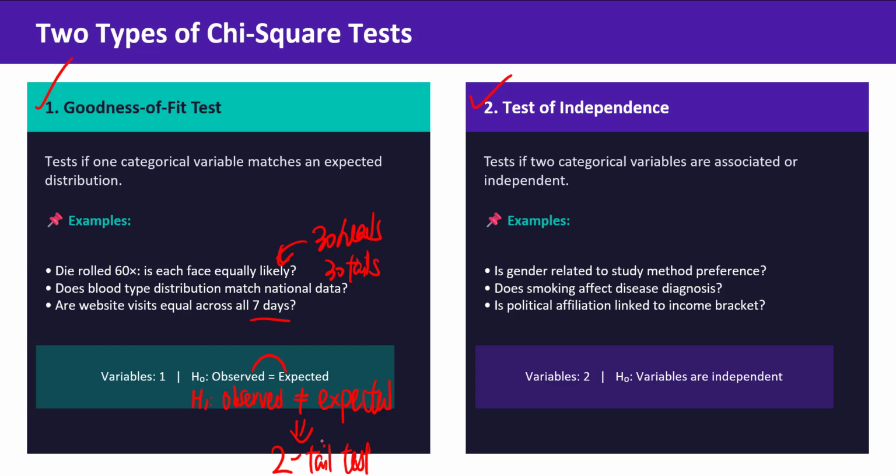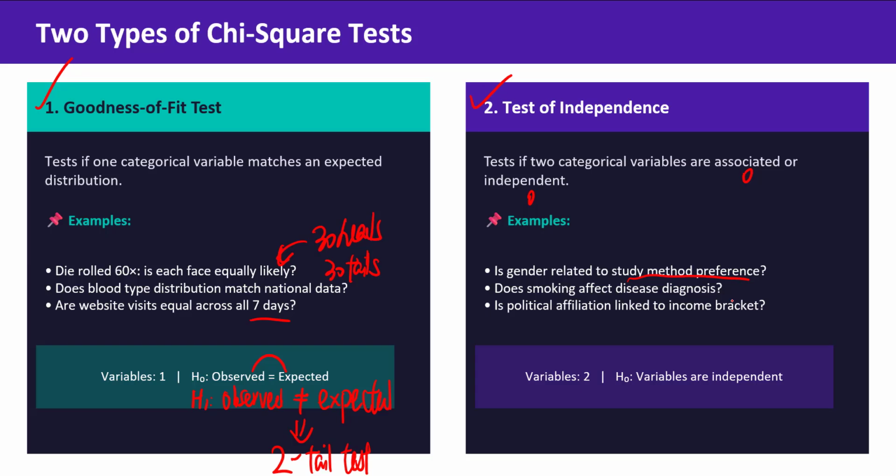For the test of independence, we're testing if two categorical variables are associated or independent. For example, is gender related to study method preference? Gender and study method, are they associated or independent? Does smoking affect disease diagnosis?